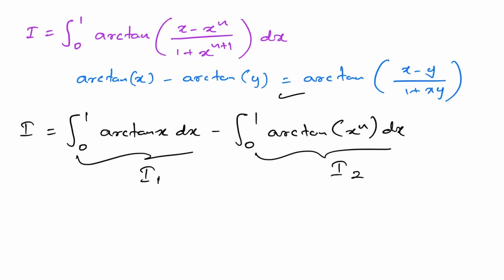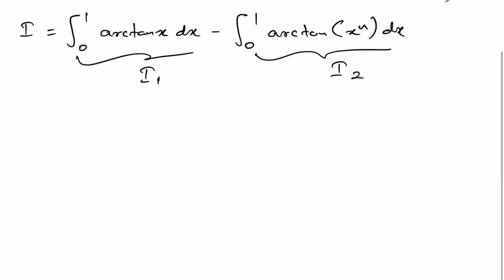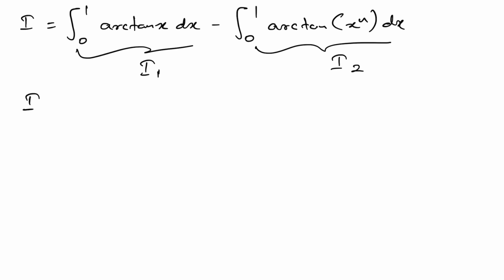I1 is the integral from 0 to 1 of arctan of x dx. This is a simple integral, and we can evaluate it by using integration by parts.